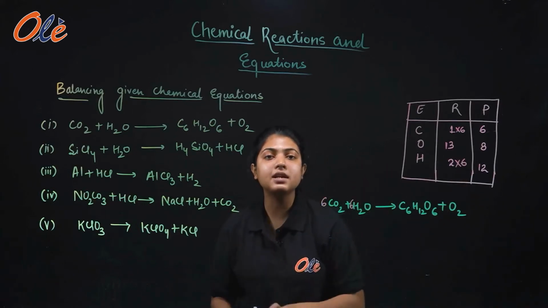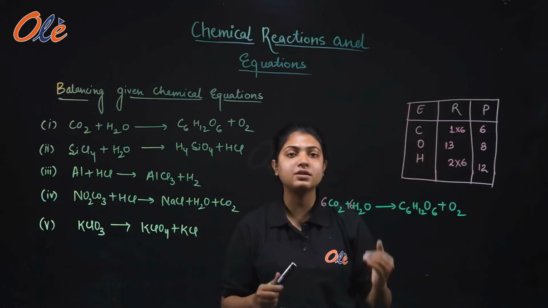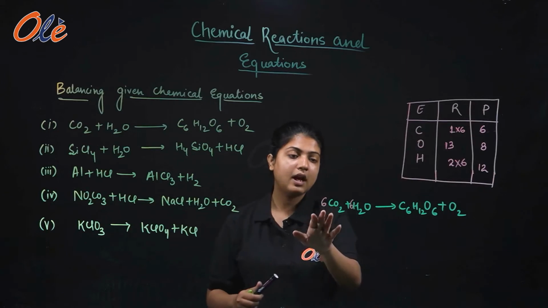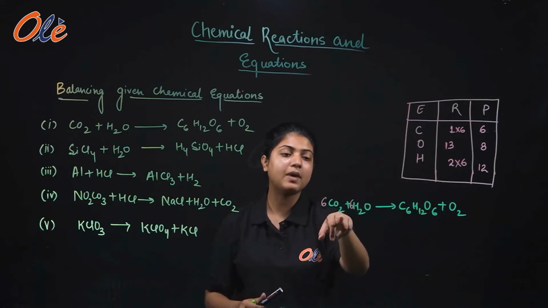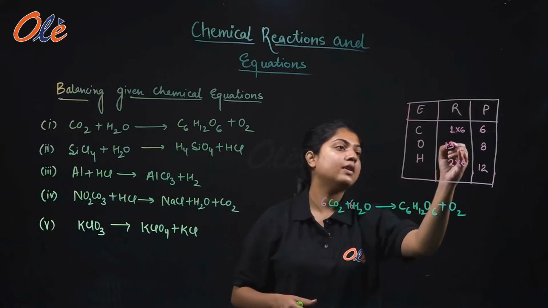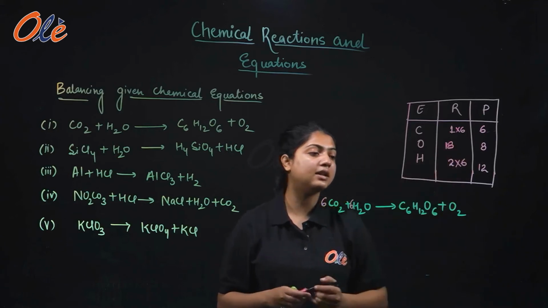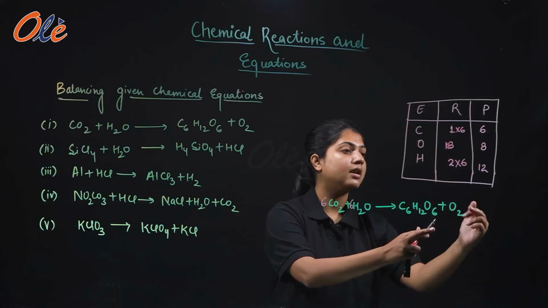Now let us see whether the number of oxygen atoms is equal or not. Now on the reactant side, the number of oxygen atoms is 6 multiplied by 2, that is 12, plus 6, that is 18. The number of oxygen atoms is 18, but in the product side the number of oxygen atoms is 8 only.